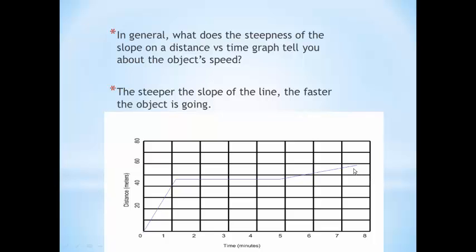So in that amount of time, it doesn't travel very far at all. So here we have a shallow slope, which tells us it is a slower speed than a steep slope, which tells us it's a faster speed. And remember that a horizontal line tells us that the object's not in motion during that time period.